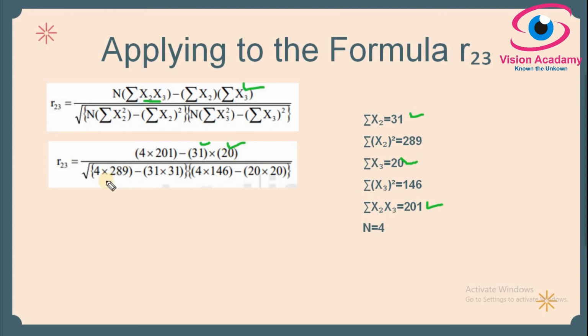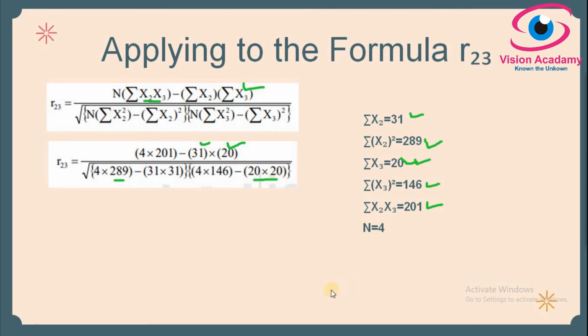In the denominator, 4, the number of observations, into summation x2 square, which is 289, minus summation x2 whole square, which is 31 into 31, into 4 into 146, which is summation x3 square, minus summation x3 whole square, x3 is 20, so 20 into 20.